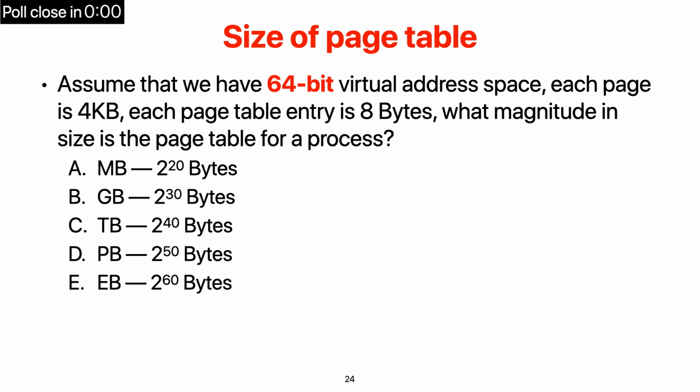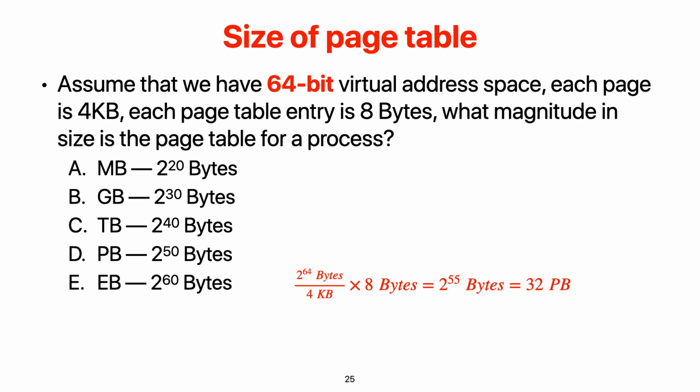Okay, time is up. Now let's look at the answer. For a 64-bit virtual address space, the address space can accommodate a total of 2 to the 64 bytes of data. Because each page is 4 kilobytes, we have 2 to the 64 divided by 4 kilobytes pages.